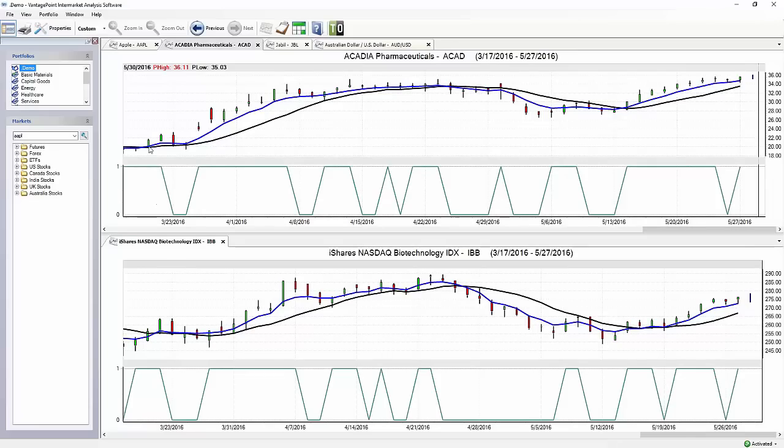But here you have a crossover from the upside in Acadia, and you see what was happening in the biotech ETF here. You get your crossover, blue line holding above your black line over that whole time period, saying, look, had you taken any of these trades, go ahead and hold on to that position. Additionally, when we got this crossover to the downside, look at all this weakness in your neural index.